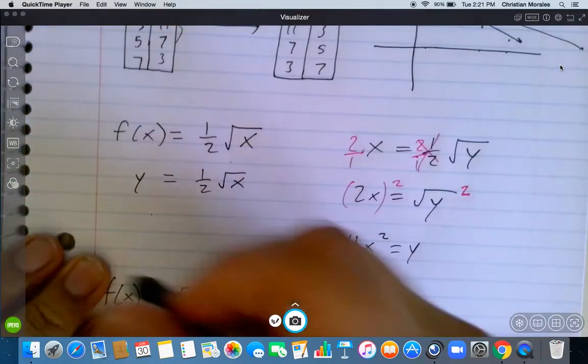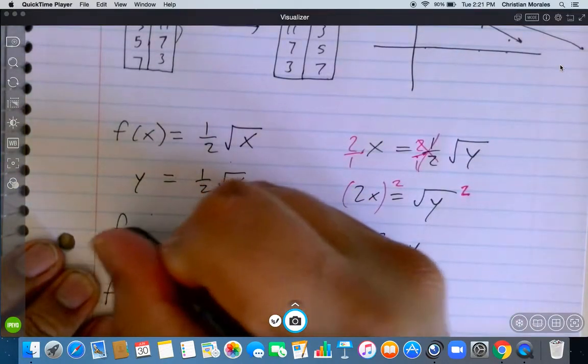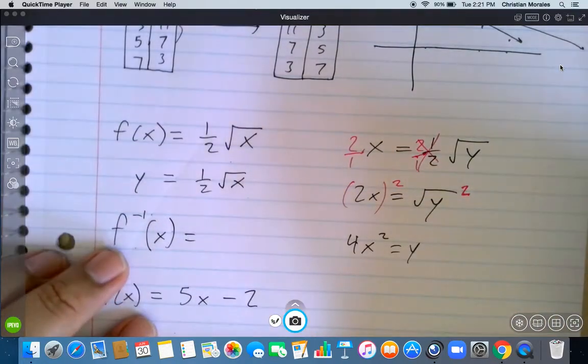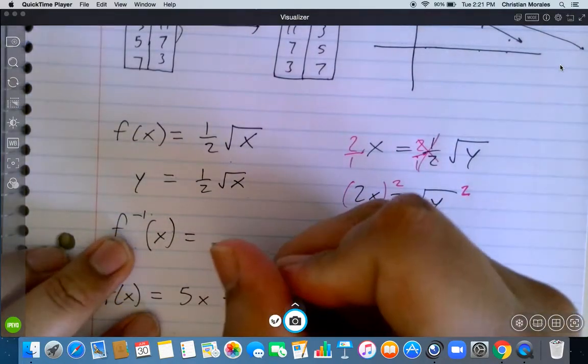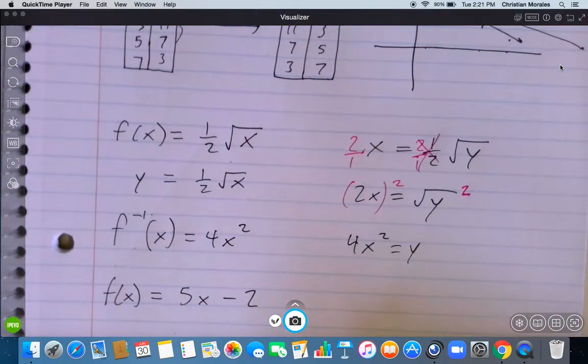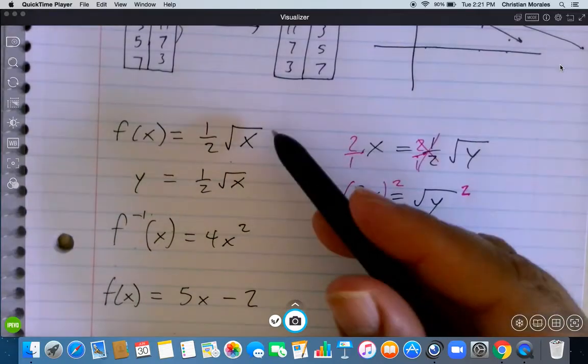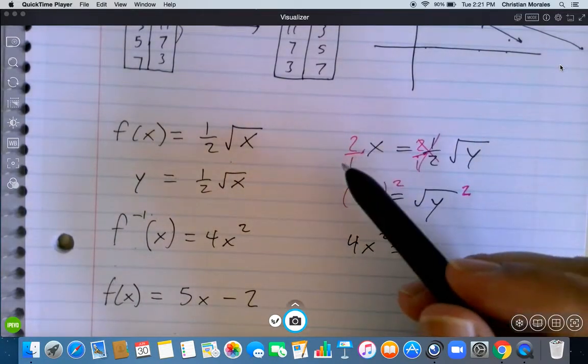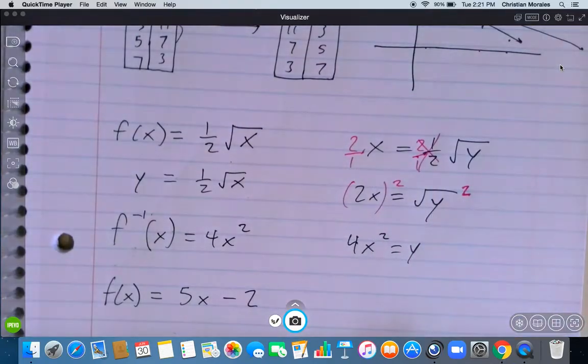So now the inverse function, f negative 1, is 4x squared. That's the inverse. That's a completely different function. This was a square root function. This is a quadratic. Okay? Doesn't have to stay the same. All right.